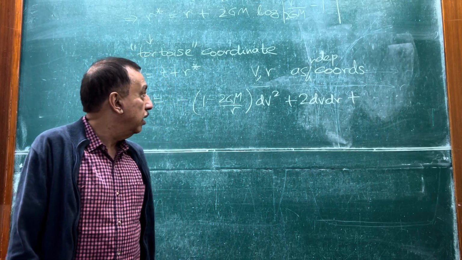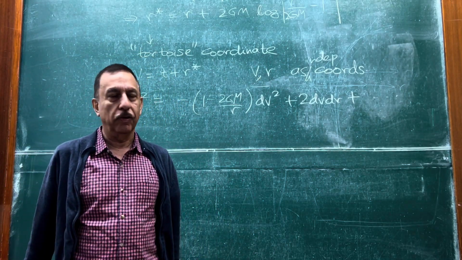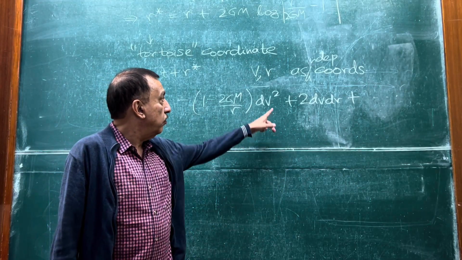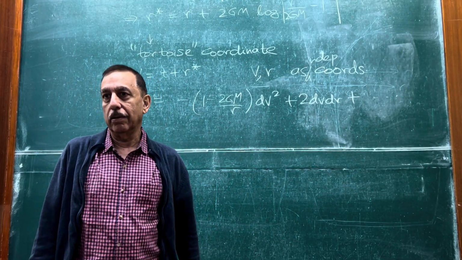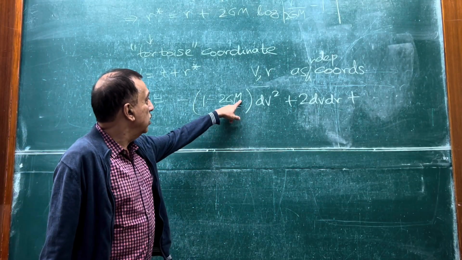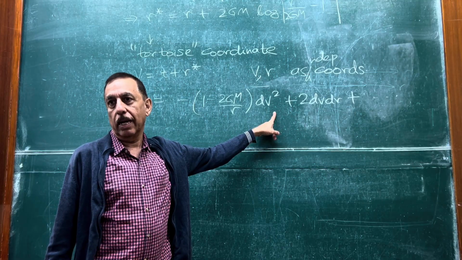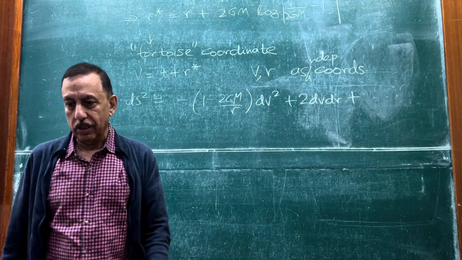So we gained a lot by keeping r the same radial coordinate as before. What we've changed is the time to v. Now the nice thing is that v itself, for r greater than 2GM, because of this sign, is still a time-like coordinate, but it's not the same one as t.